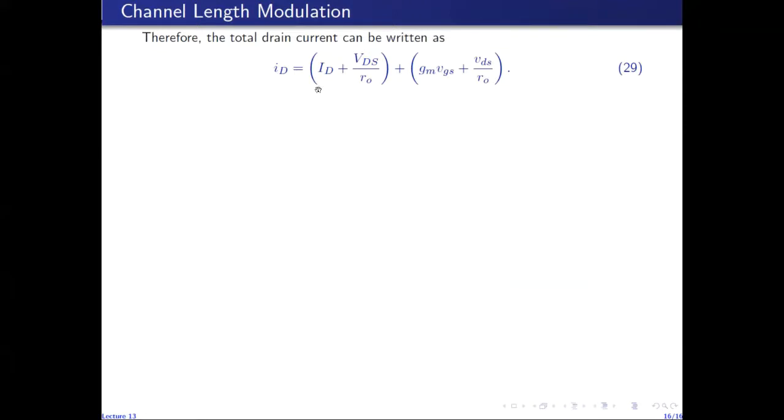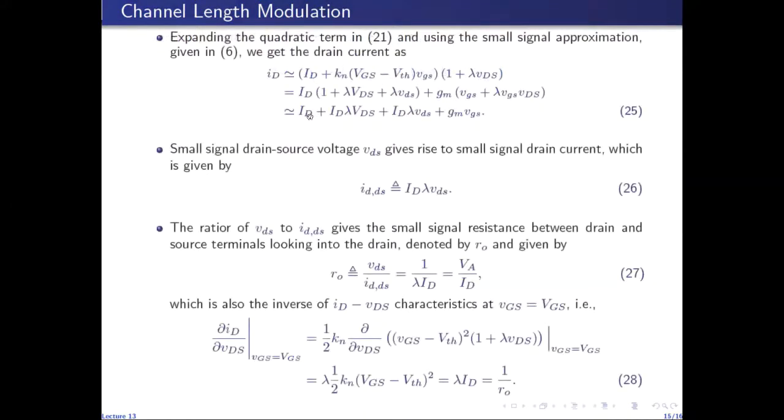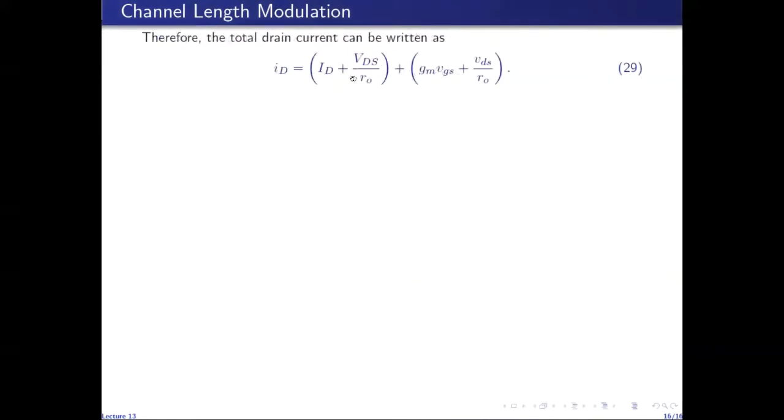So this ID is the DC component of the drain current without taking into account the channel length modulation, and this here, which is lambda times ID, is 1 over R naught. So VDS over R naught is the addition to the DC component of the drain current due to the channel length modulation. So this is the modified DC component of the drain current.